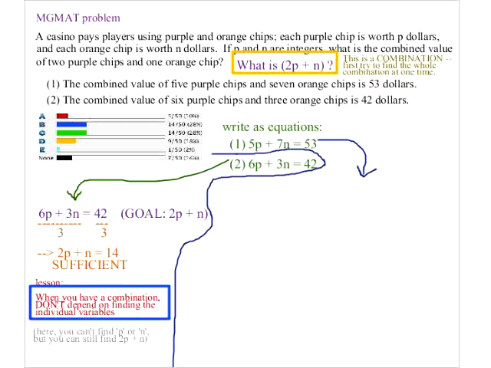Because unlike the second statement, there's no math operation that you could just do here. There's no magical math operation like division by 3 that will give the answer. So does that mean this is insufficient? Does anybody have insight into what's going on here?